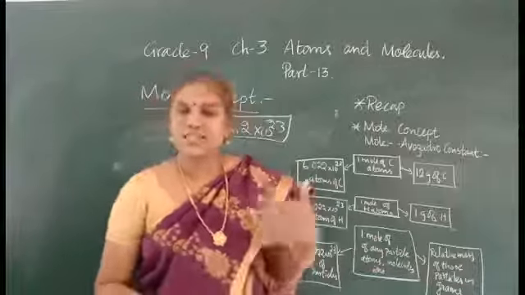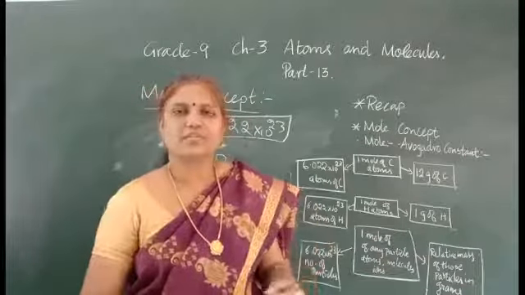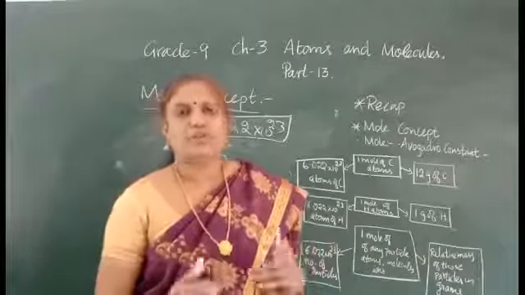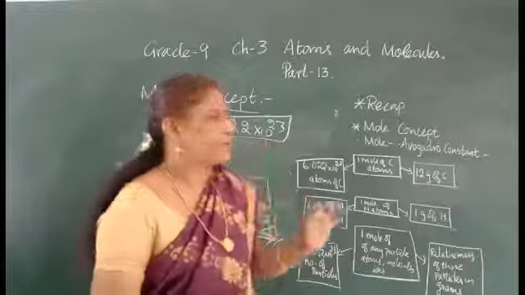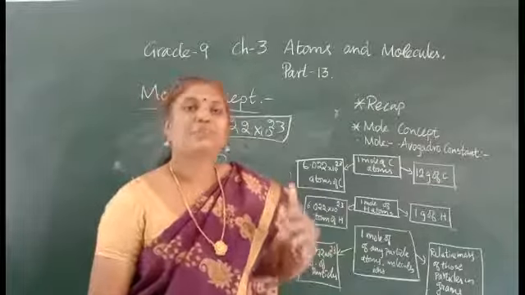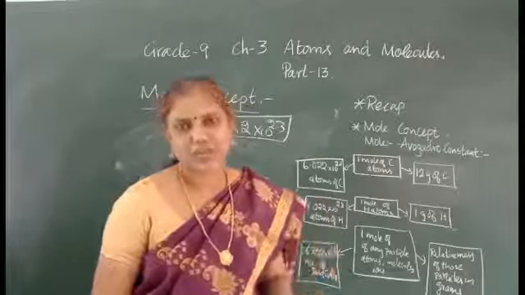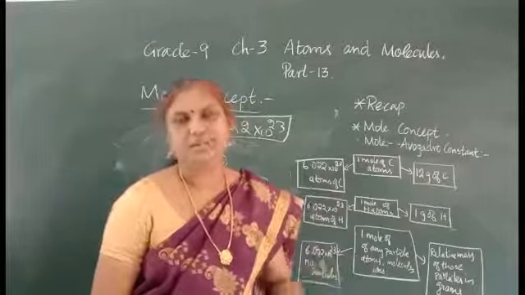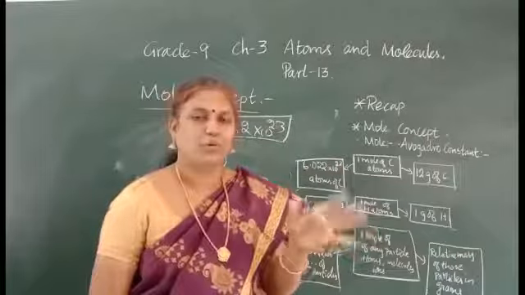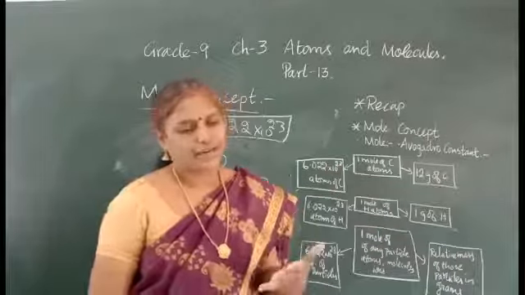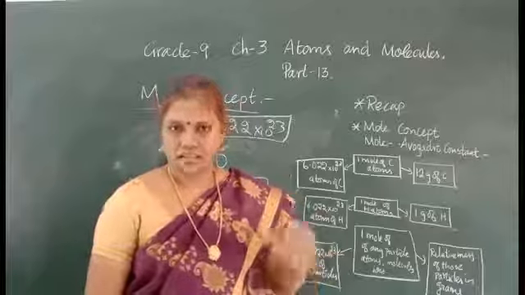And what is Avogadro's constant? Whatever the substance, atoms or molecules you take, 6.022 into 10 to the power 23 is the Avogadro's constant. That many particles only will be present in a mole. We have seen that if it is a dozen, the count is 12.